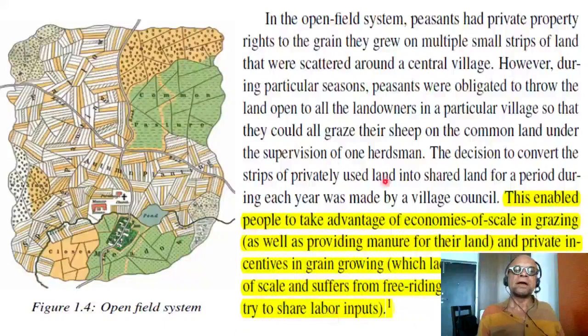So if you had shared labor to grow something over the whole land instead of cutting it into pieces, you would achieve some economy of scale. Of course, at some scale you would reach industrialized farming, and then monoculture and other things may come in. But the way it was done, you divided the shared land into pieces where each one has a right to grow, and then after the growing season is over, you throw it open to achieve the economies of scale for grazing and fertilizing as a co-benefit.